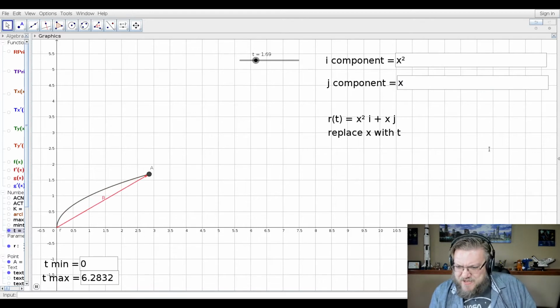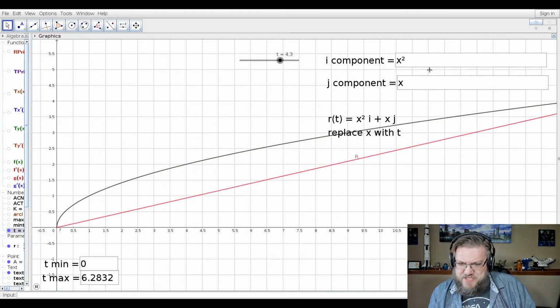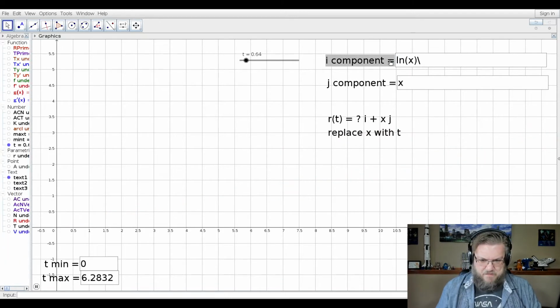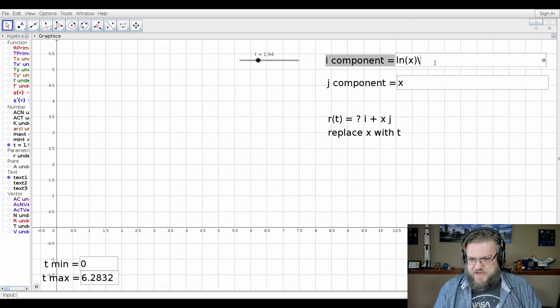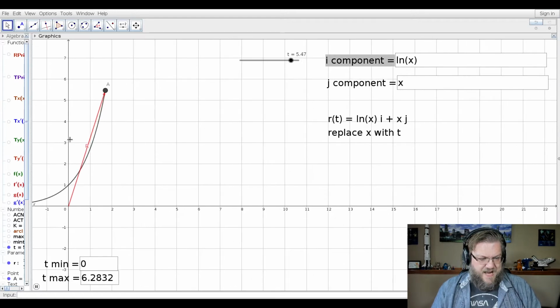All right, let's see. 1 over x plus 1, maybe. Somebody mentioned ln of x. Let's see what ln of x does. Oh, I made a typo. Yeah, I think it's because I'm calculating a lot of extra stuff in the background. It should be good, but there's a lot of calculation going on.